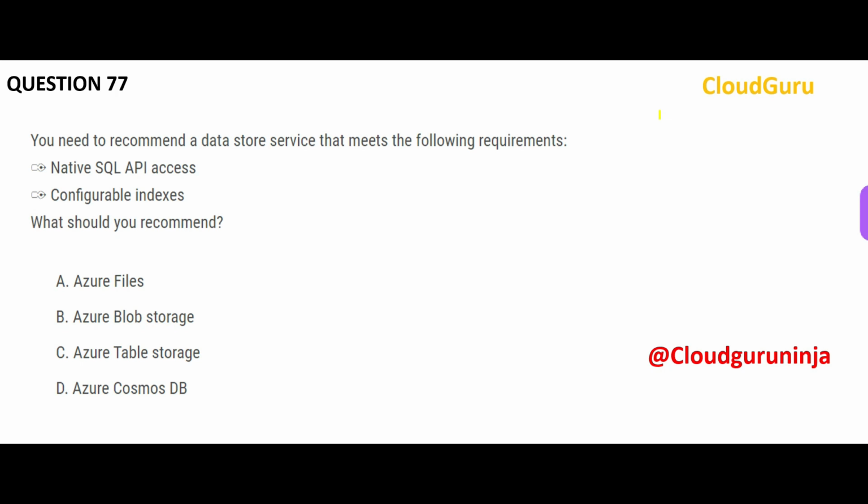Okay, now let us look at this question. Basically, in this question, you want to opt for a storage out of these which supports SQL API access and configurable indexes. Let us look at Azure Files.